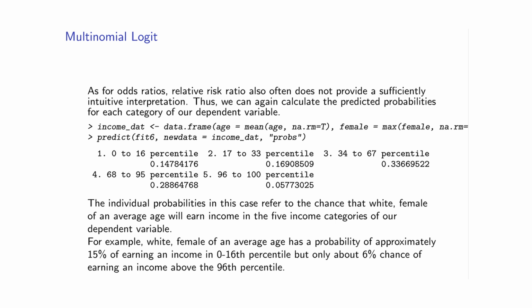So from the output here, you can see that, for example, white women of average age have a predicted probability of about 15% to earn income in the lowest income bracket, the 0 to 16 percentile, and about 5% of earning in the highest income bracket, that is the 96 to the 100th percentile.